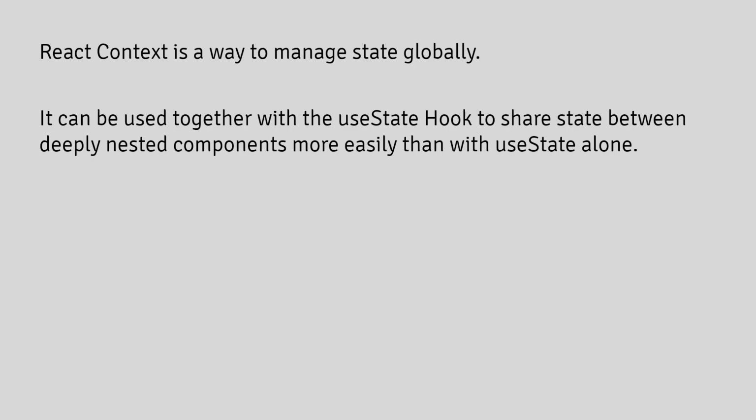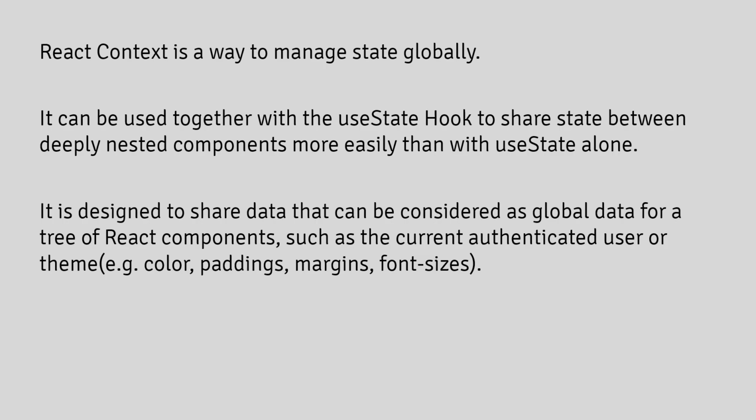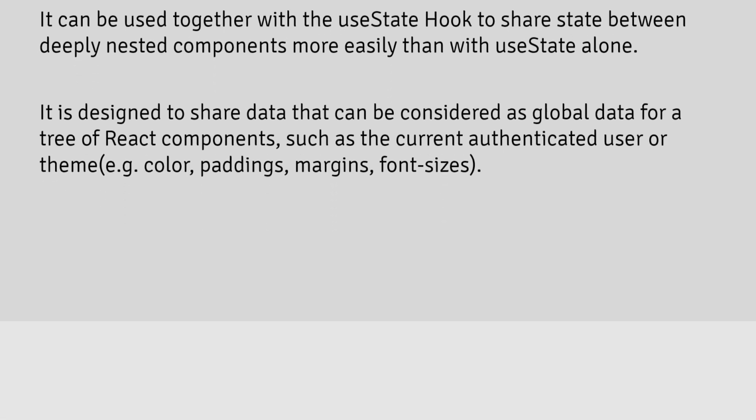It is designed to share data that can be considered global for a tree of React components, such as the current authenticated user or theme, which means we can share the details of authenticated users or certain styles all over the Next.js application.